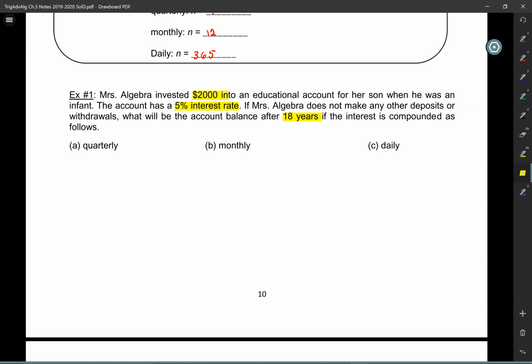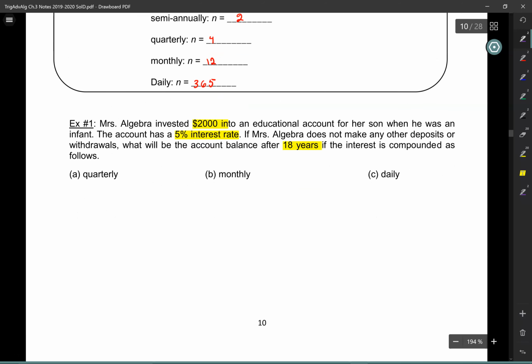There you go. So what are we given here? What's the 2,000? We have here A = P(1 + R/N)^(NT). What's 2,000? It's the initial, so what letter? That's P. What about the 5%? That's your R, but how do you use it?